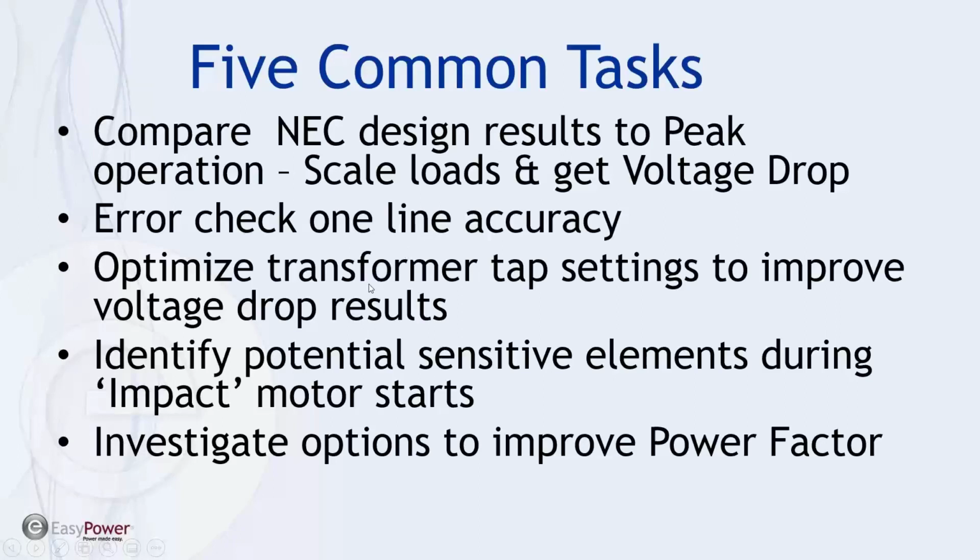We can get optimum tap settings by pretending we have a load tap changer and seeing what the tool optimizes on for taps. We can identify potential sensitive elements during impact motor start. And then we have the ability to do what ifs on capacity changes and adjustment.